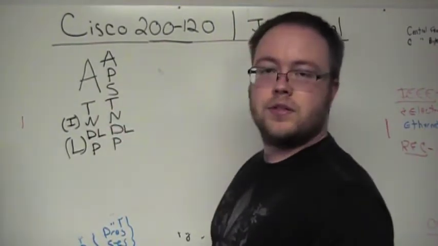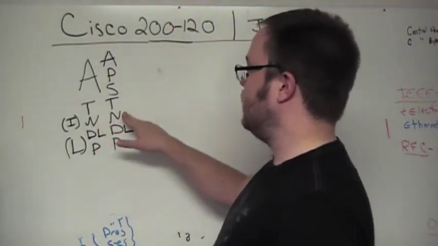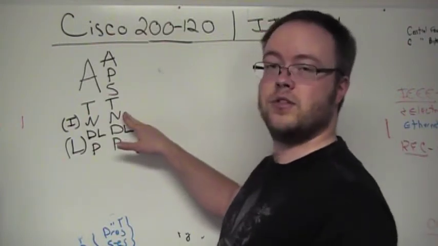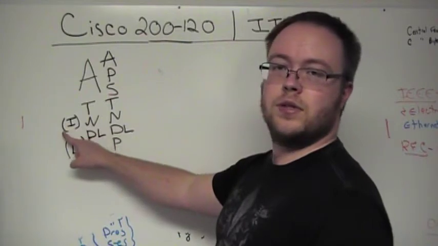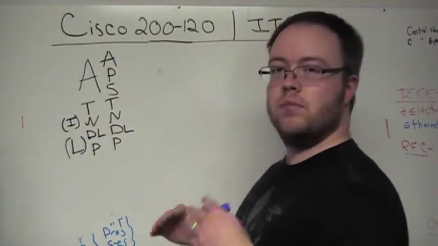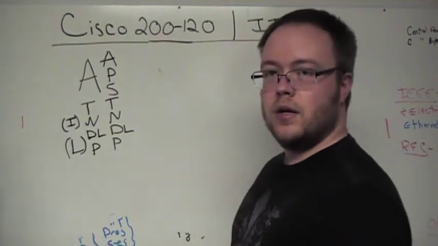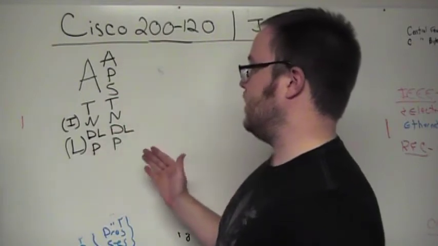Transport stayed the same. Then you have network, which essentially stayed the same minus the naming convention. That's why out here in the parentheses you have I for internet. It did the same protocols, the same RFCs and so on. Everything was the same except for the name.